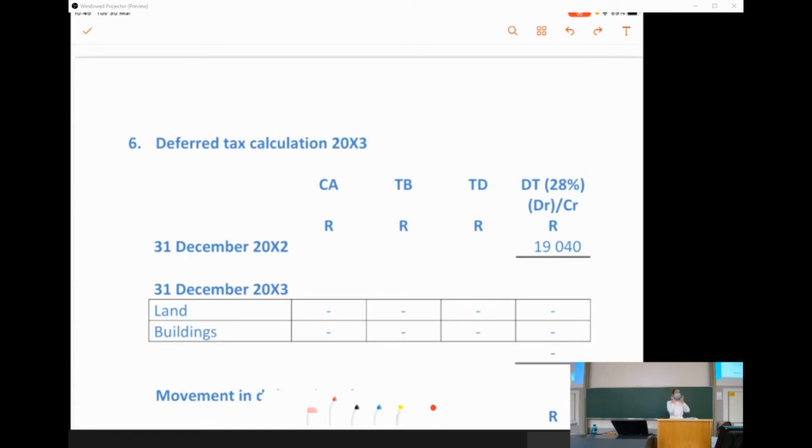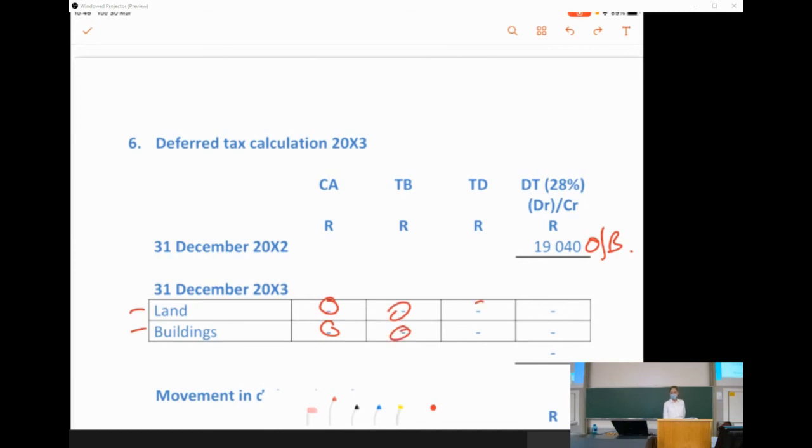Good. So then, yeah, let's look at our deferred tax account. So remember, we had a deferred tax opening balance at the end of X2 of 19,040. Now, all our assets, we don't have any liabilities. We only had land and buildings. They are all gone now. They are sold. At the end of X3, they are not there anymore. So therefore, their carrying amounts will be zero.